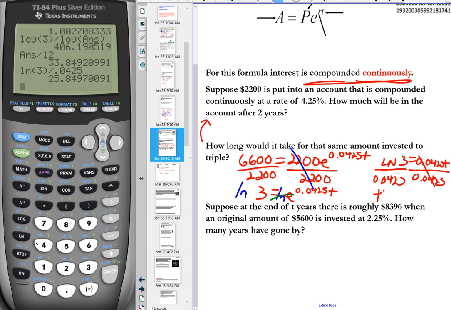So it's going to take around 25.85 years.